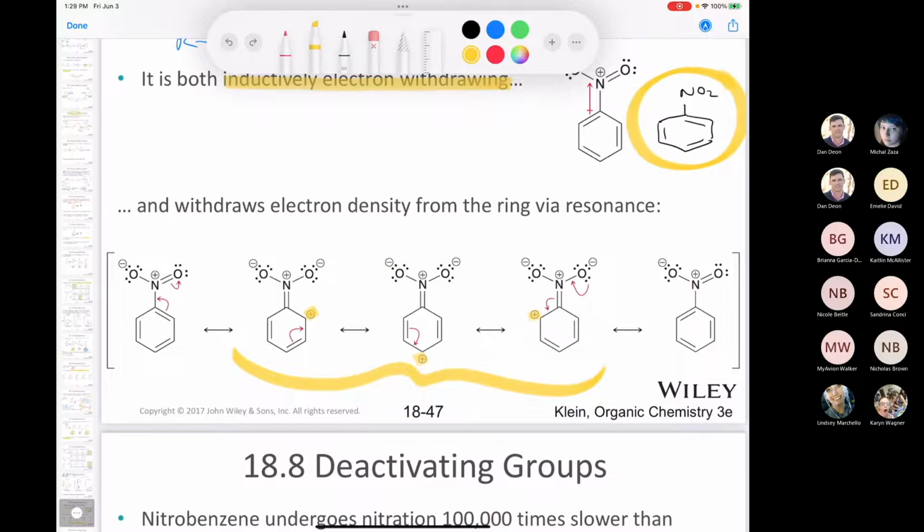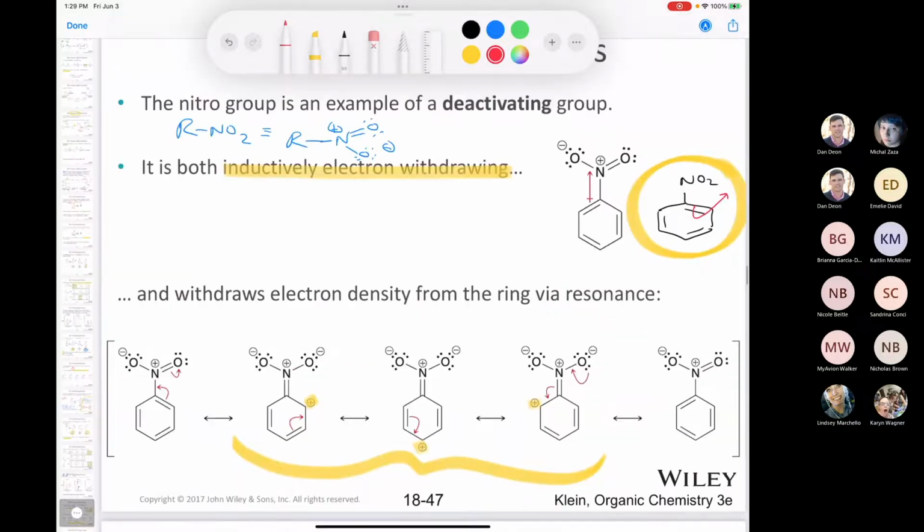How much do you think it's going to want to give away electron density? How nucleophilic do you think this thing is going to be? How much does it want to do that? It totally can if you hit it hard enough. But does it want to do that? No, because this thing is sucking electron density away like crazy. And that is why a nitro group is so deactivating.